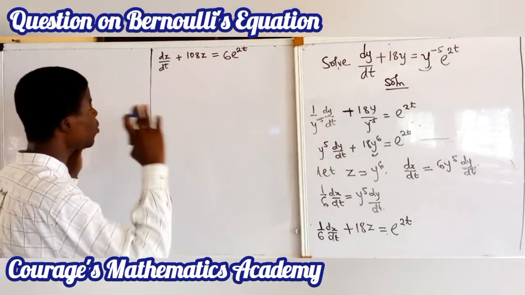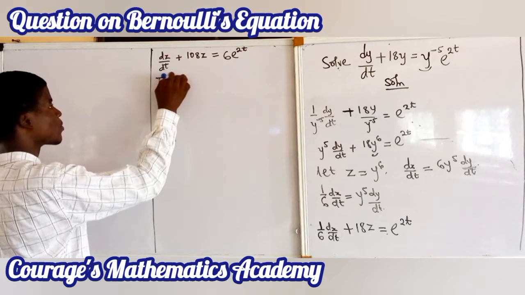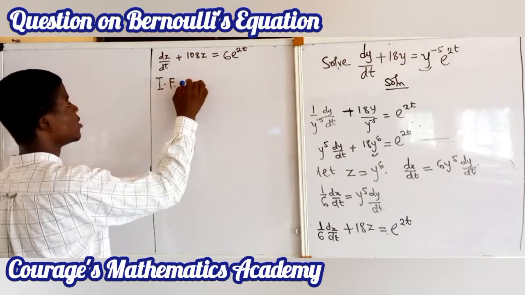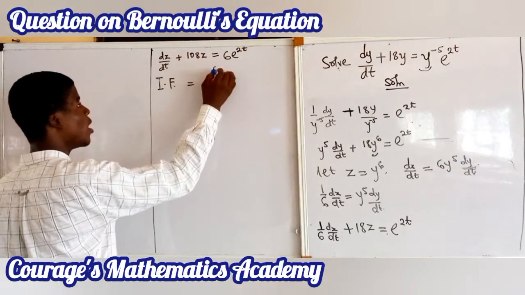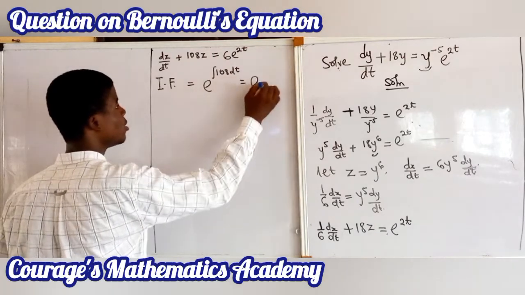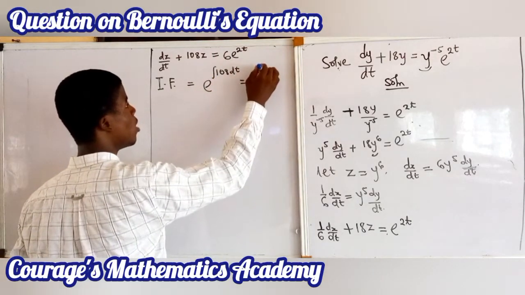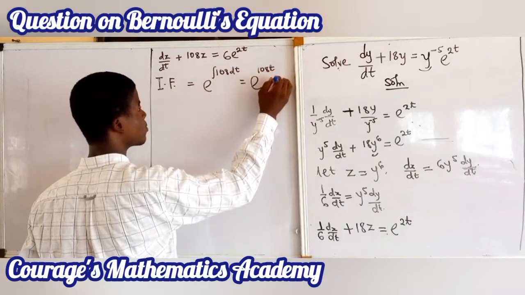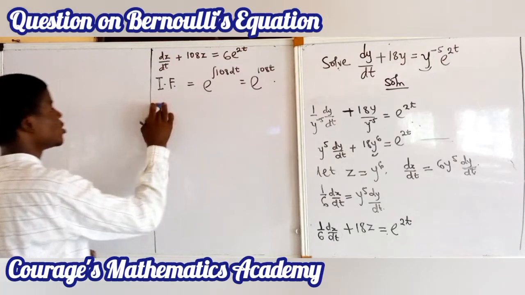So the first thing we're going to do here is we determine the integrating factor, and it is equal to e to the power of the integral of 108 dt, which will give us e to the power of 108t. So we are going to substitute this value into this equation.